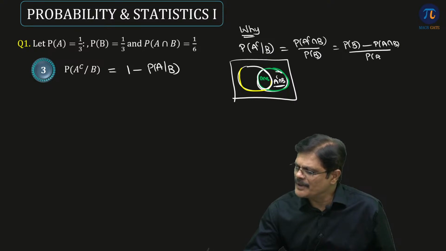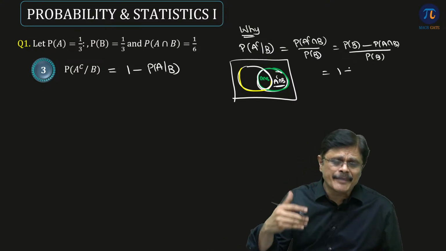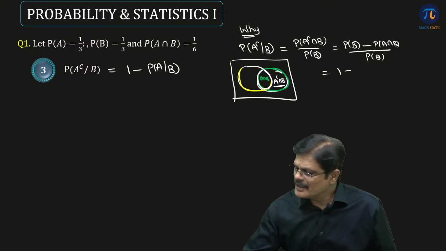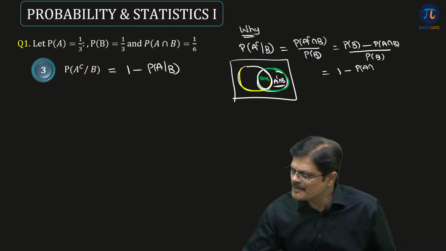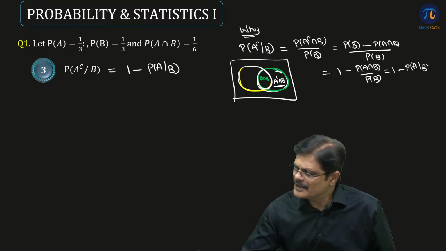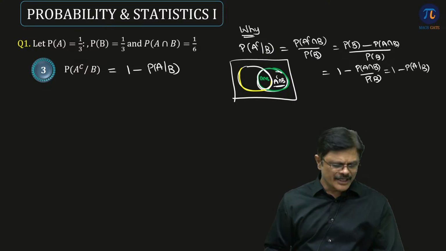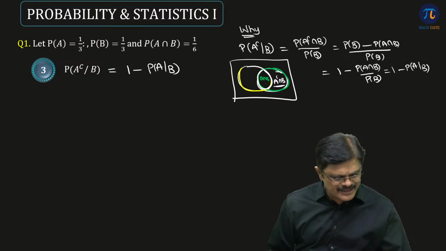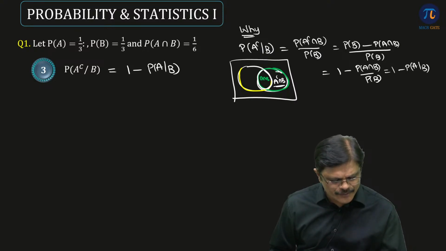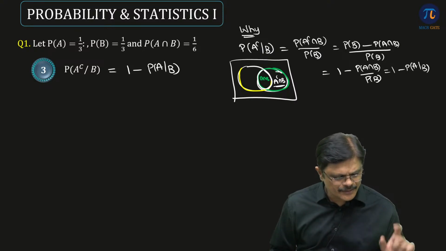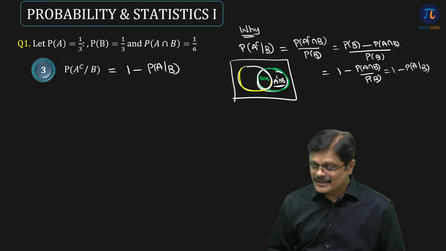So this is probability of B by probability of B, which is 1, minus probability of A intersection B by probability of B. So that is nothing but 1 minus probability of A given B. So whenever it is A complement given B, it is 1 minus probability of A given B. Am I clear, sir? Is the idea clear? All of you able to follow? Yes or no? So please note that.